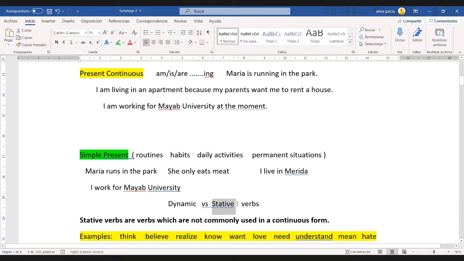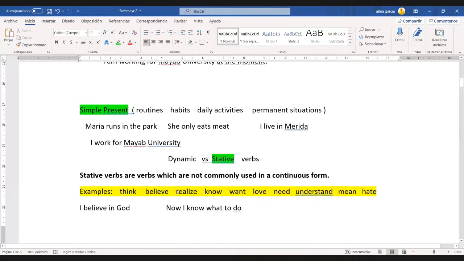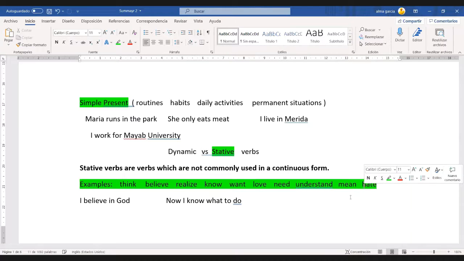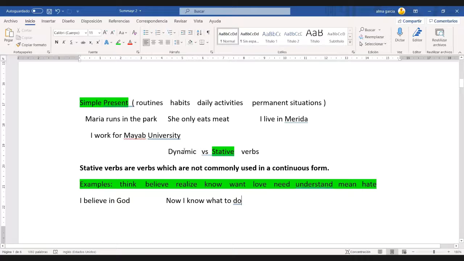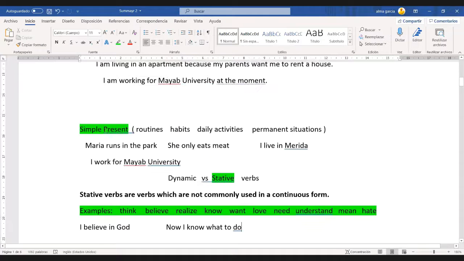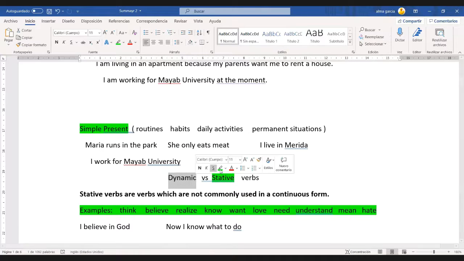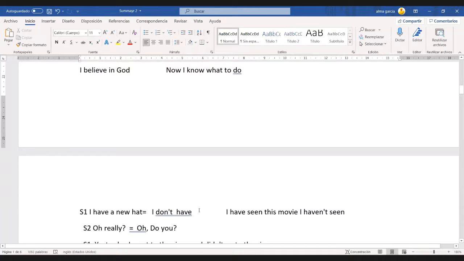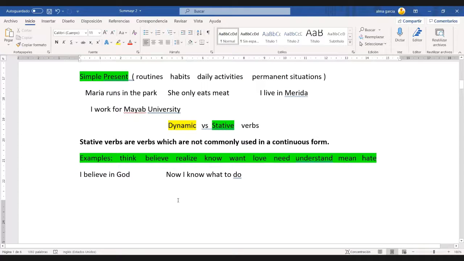These stative verbs belong to the simple present most of the times. The dynamic verbs can perfectly be here with the continuous, so they are simple and continuous. That is why they are dynamic. But if they are only simple, they are stative. I believe in God. Now I know what to do, etc. Is everybody following me?